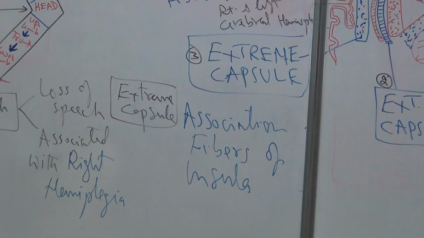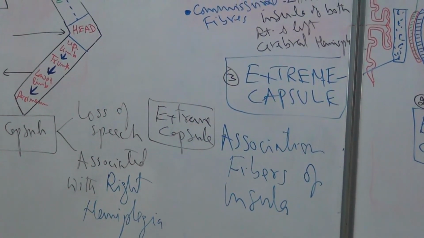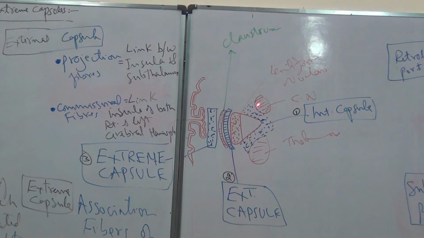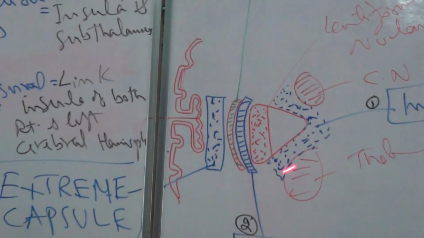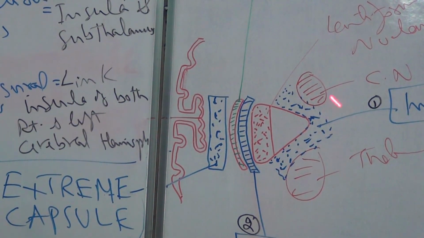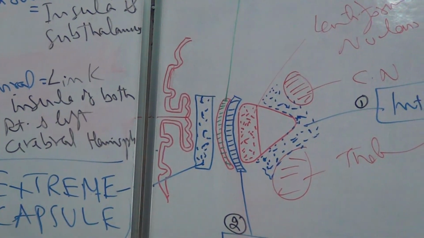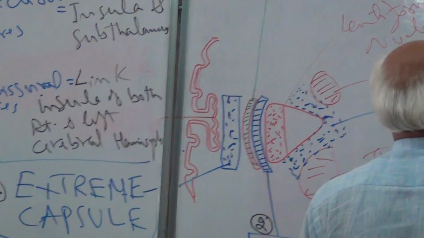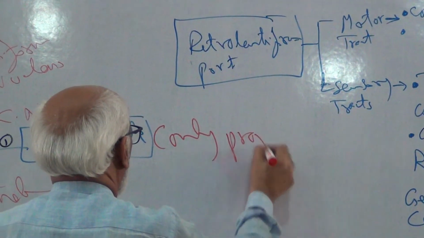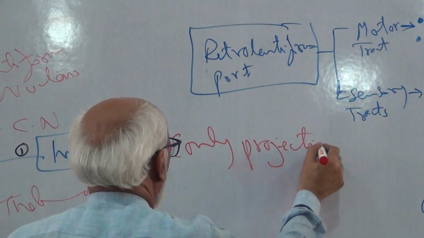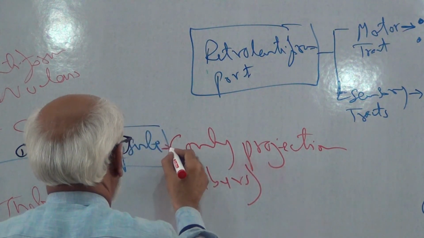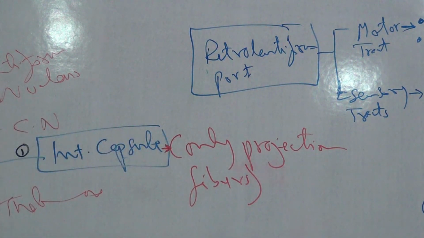So this was briefly about some parts of the white matter of each cerebral hemisphere in the form of so-called capsules. We talked about the internal capsule in detail, its different parts and various ascending and descending tracts. You have seen that the internal capsule comprises only projection fibers, which ascend and descend through it.